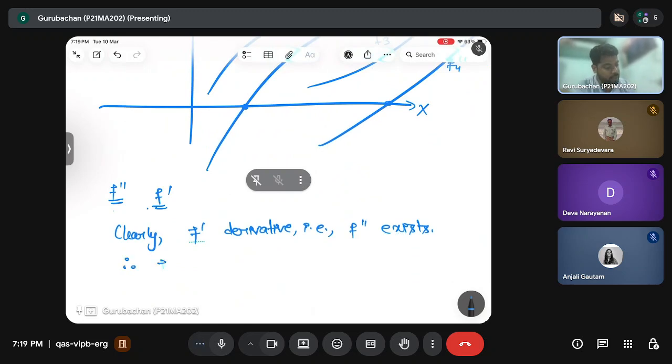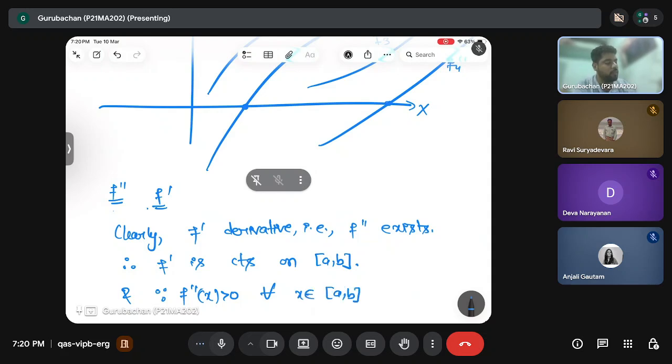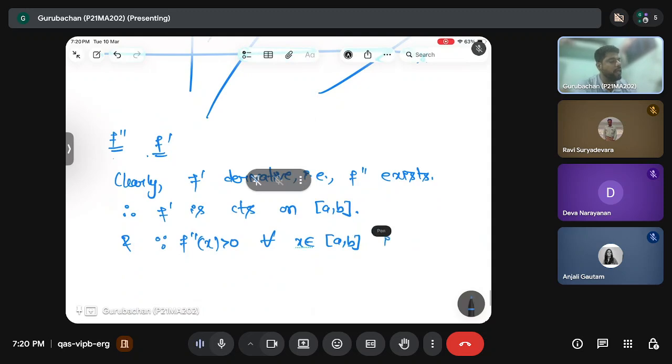Therefore, f dash is continuous on AB, and because f double dash x is greater than 0 for all x in AB, it implies that f dash is increasing on AB.